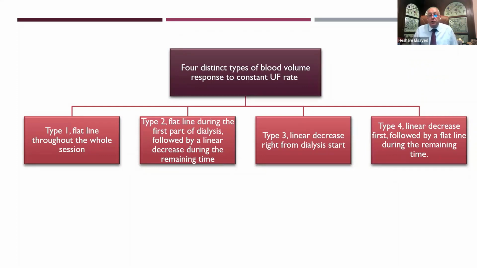Type 3, linear decrease from the start of dialysis, not a sharp drop of the blood pressure. And type 4, linear decrease first, then intervention, followed by a flat line during the remaining time.